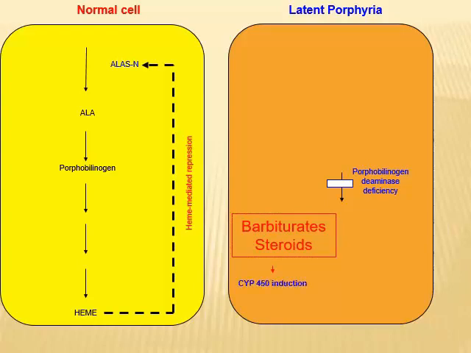When these patients receive drugs such as phenobarbital or corticosteroids, which induce the cytochrome P450 oxidase enzyme, there will be a marked decrease in the heme concentration, since cytochrome P450 is a heme-containing enzyme.